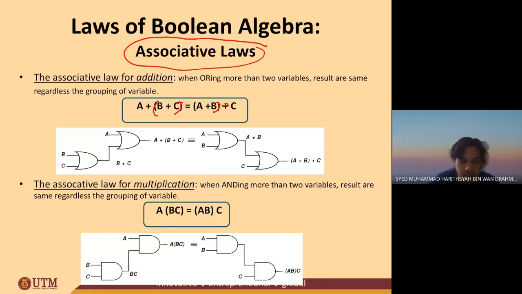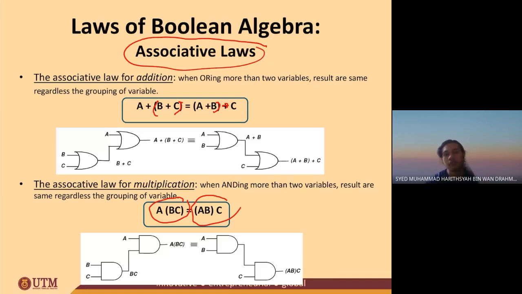Basically you can solve A plus B first, then add C, or you can solve B plus C first, then add A, or you can solve A plus C first, then add B. And it is the same for multiplication. You can solve BC first, then multiply by A, which is equivalent to solving AB first, then multiplying by C. So this is what is called the associative law.